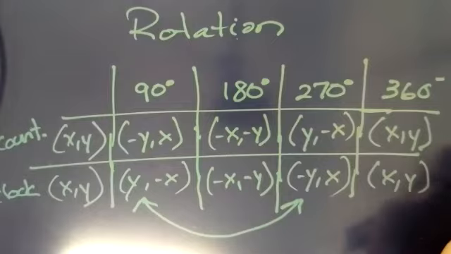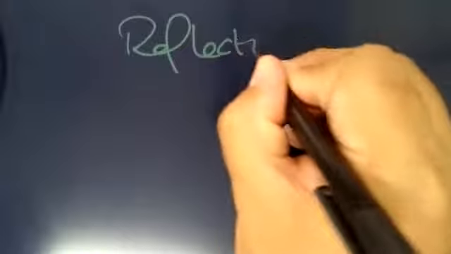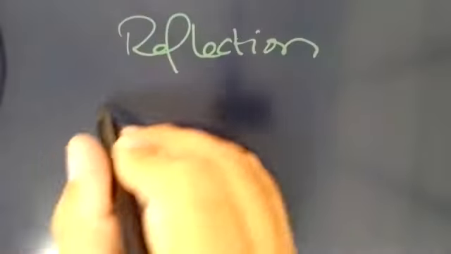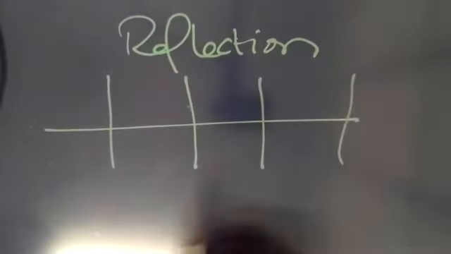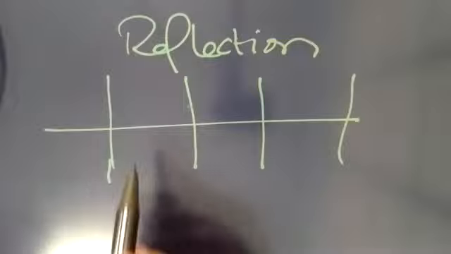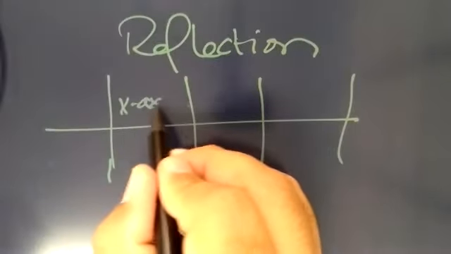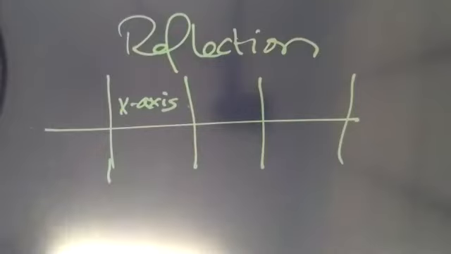The other one that you should memorize is the part of the reflection. And we have, again, okay, and this is over the x-axis, and you have over the y-axis, and you have the next one over the... give me a second, guys.